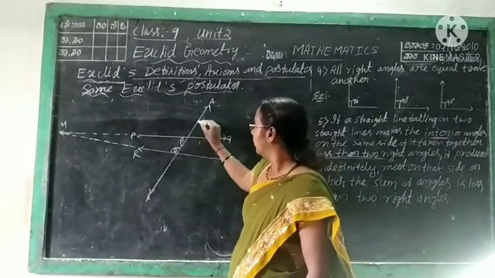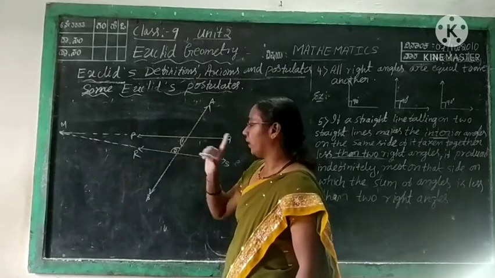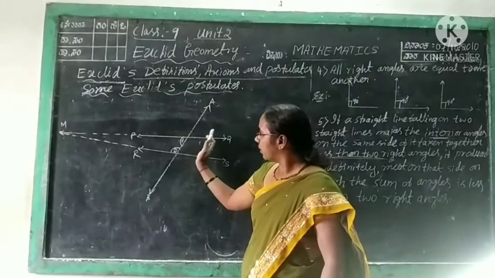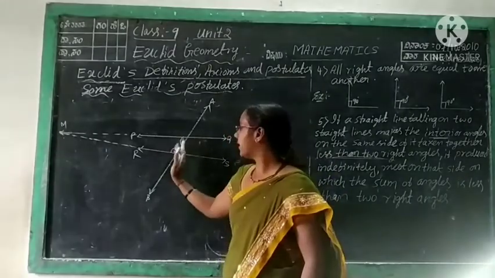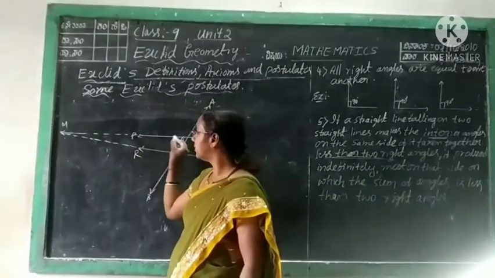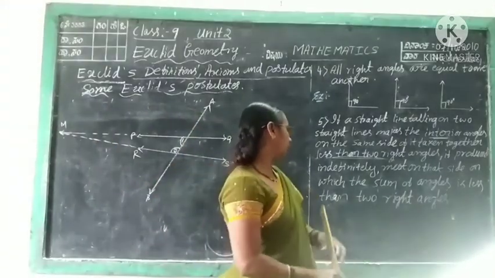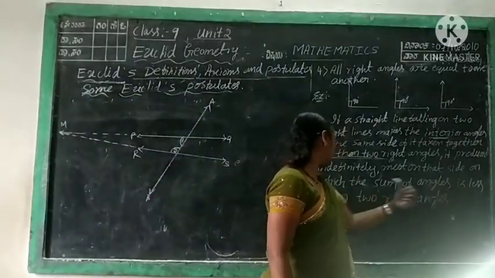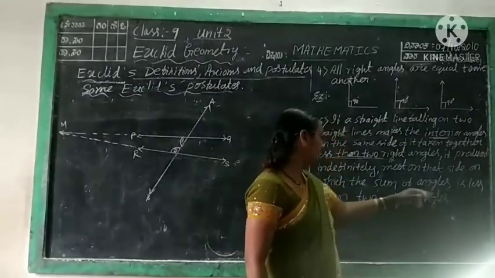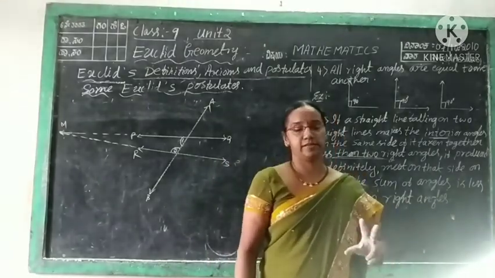Because one straight line is falling on two straight lines, and the interior angles on one side are together less than two right angles, when we extend the straight lines, they will meet at one point, on the side where the sum of the angles is less than two right angles.